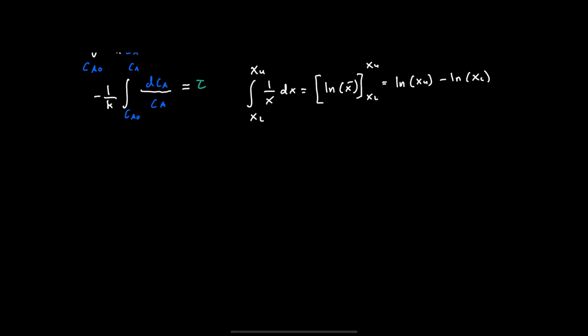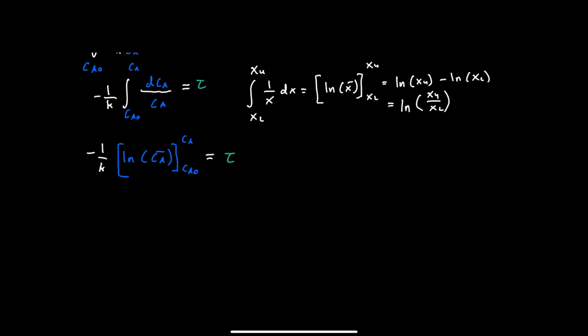And if we apply logarithmic rules, this is going to be equal to ln of xu divided by xl. So let's apply this here for CA. So this is going to be equal to ln of the concentration of the species A, where the upper boundary is CA and my lower boundary is CA0. And this is going to be equal to tau.